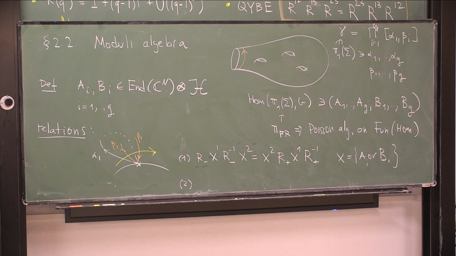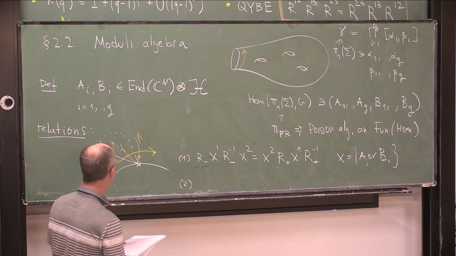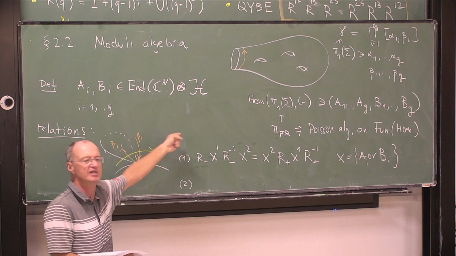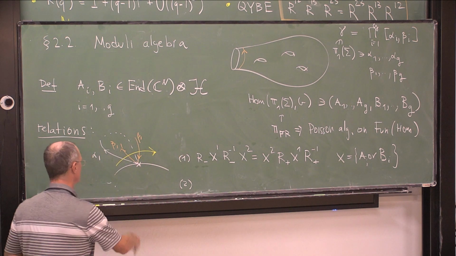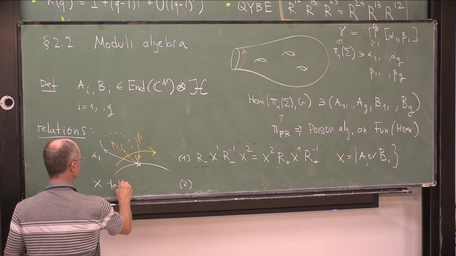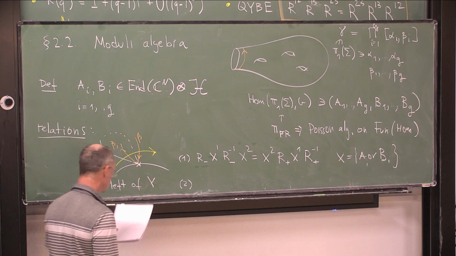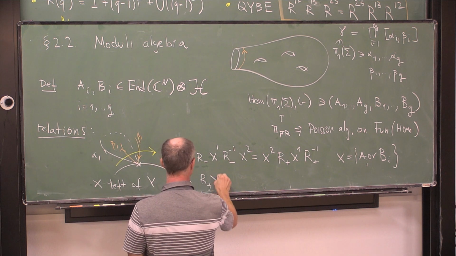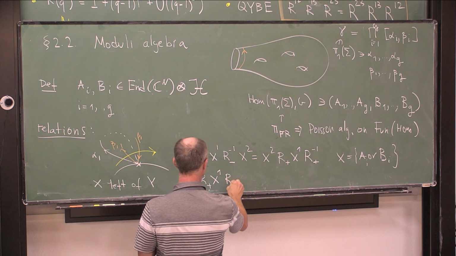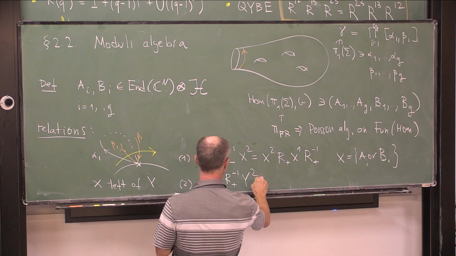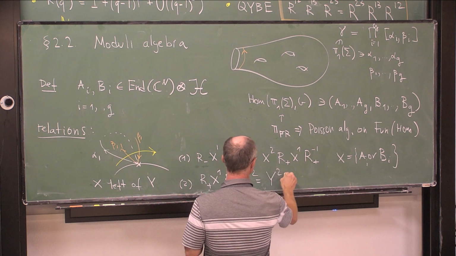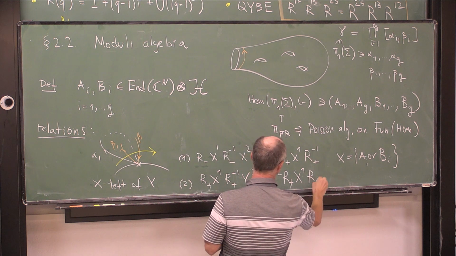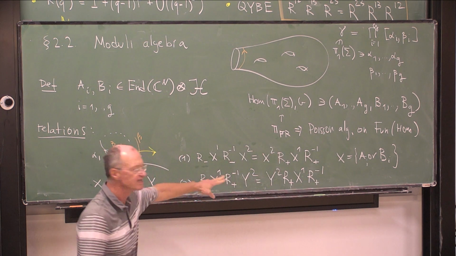Suppose that you have X and Y, and this can be A or B, but they are from different pairs, and one of them is to the left of the other. So whatever, X left of Y. Then it will be something like this. All the differences between those relations are those pluses and minuses.